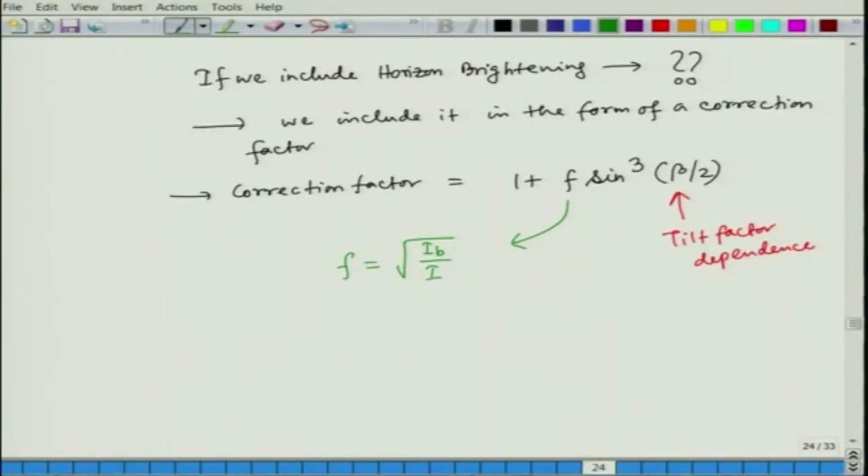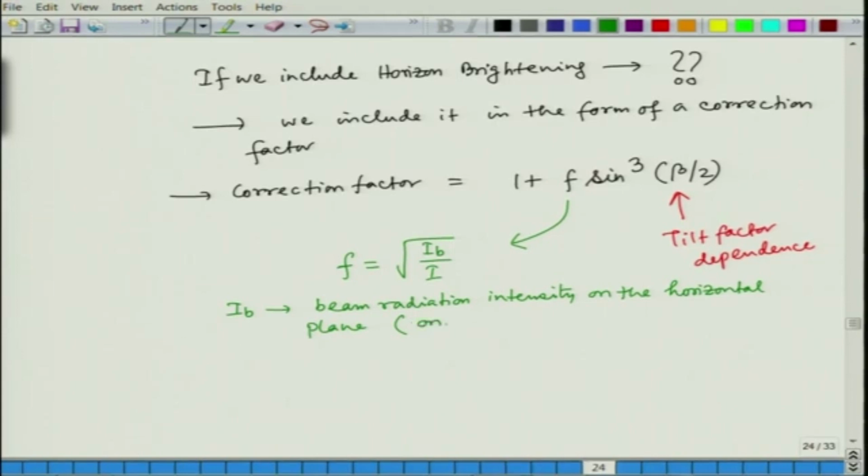Okay. But you note the physical significance of this, because this tells us I b is your beam radiation intensity on the horizontal plane, and of course, whenever there is no O, we have on the surface of the earth.